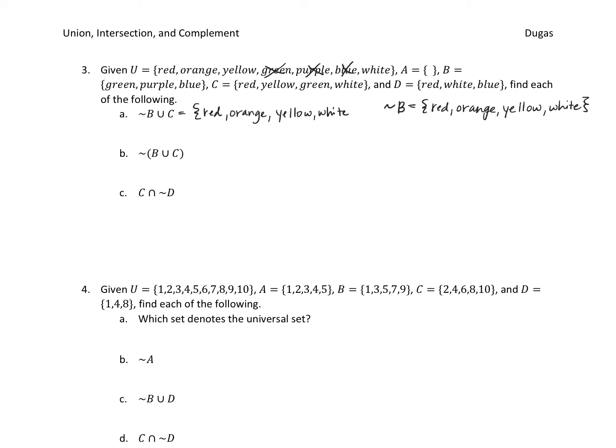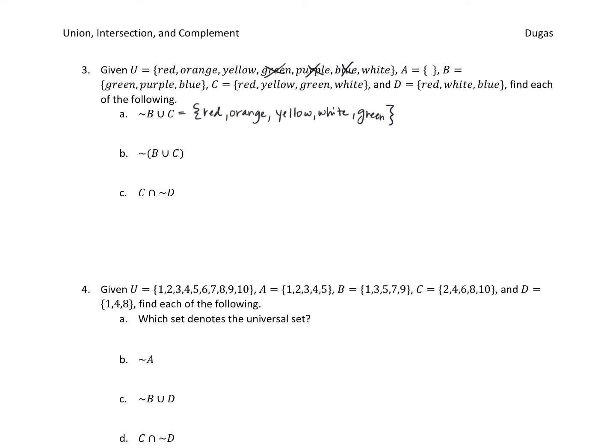And then what I'm going to do is simply add in anything from C that isn't already written down. So red I already have, yellow I already have, green I don't have. So I'll write down green, and then white I already have. Okay. So that will be the union of the complement of B with C.